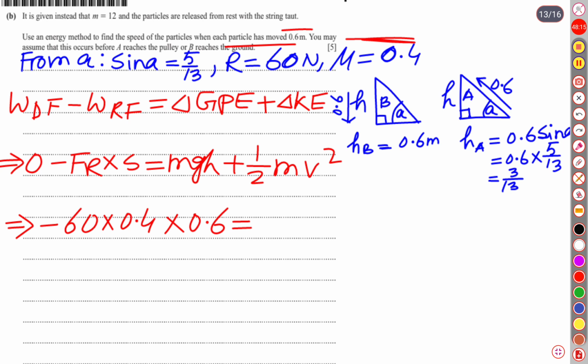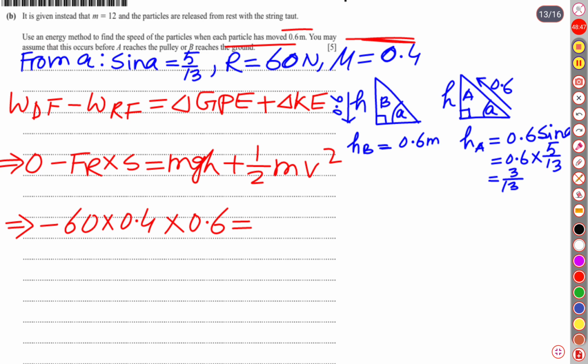Since there are two particles, we will have to find the change in potential energy of each of the particles, as well as the change in kinetic energy of each of the particles. The mass of particle A was 6.5 kg.